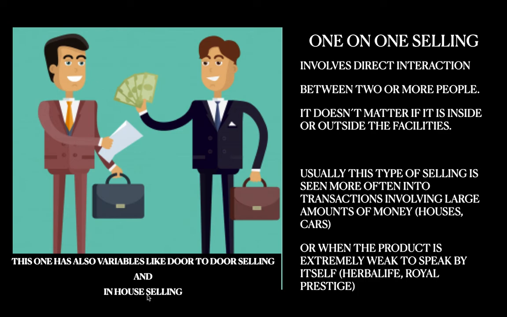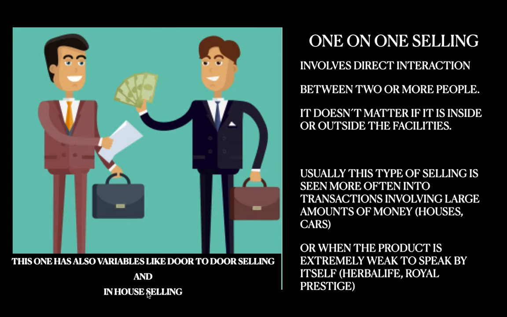And the other one, in-house selling. The in-house selling is when you create this big conference between, I don't know, 10, 20 people, and then you try to sell them the same product. Royal Prestige does this a lot. So this is the one-on-one selling.